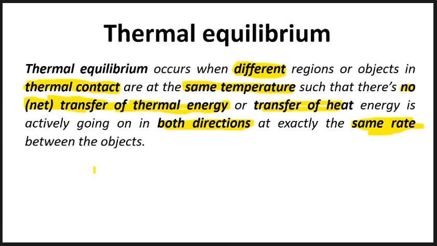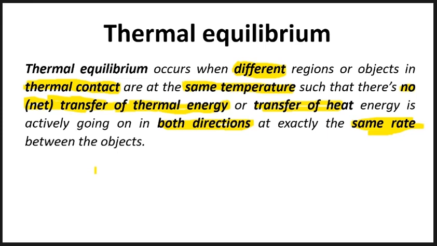Since they are acting in both directions, they will definitely cancel out, at exactly the same rate. These points I highlighted are the key points in the definition whenever you are defining the term thermal equilibrium.